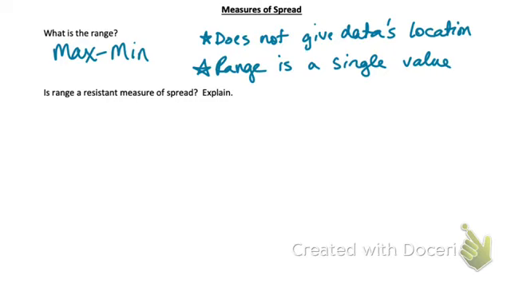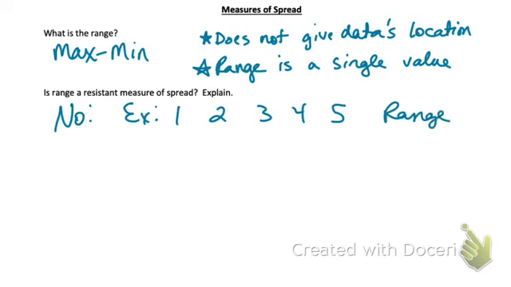Yeah. So the answer is no, and it really takes one very quick example to prove this. My very favorite data set, 1, 2, 3, 4, 5, has a range of 4. If I change the extreme value of 5 to 50, what is now the range? 49.